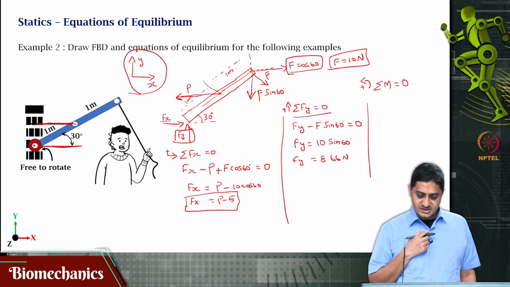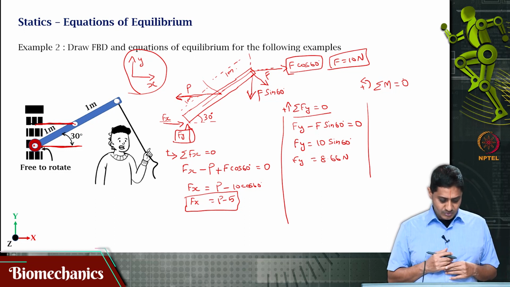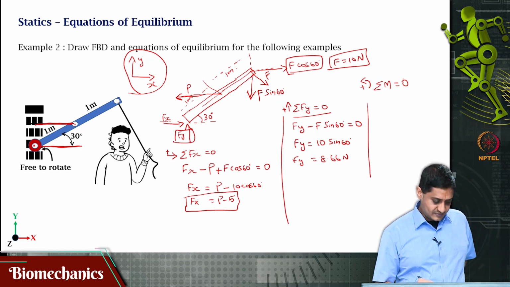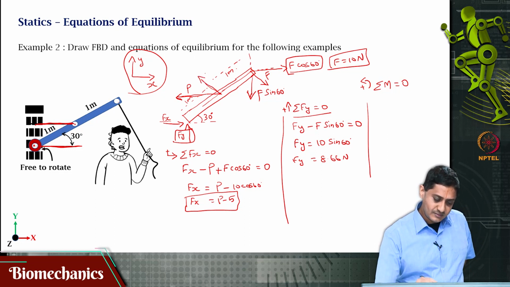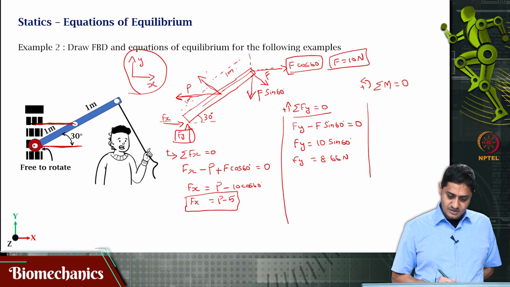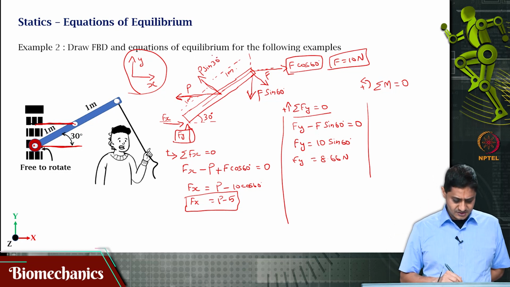Okay. Now, what are all the forces that will cause this moment? There will be a moment that will be caused due to this vertical component, and what is this component? The value of this will be P sin 30, is it not?